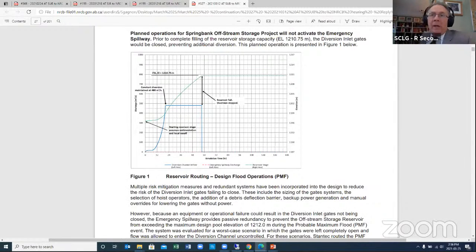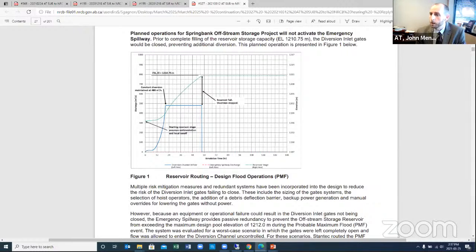Maybe that would be for Mr. Manager. Sure. So to explain to the panel, the low-level outlet works for the off-stream storage reservoir is the hydraulic structure to release waters from the dam as designed.